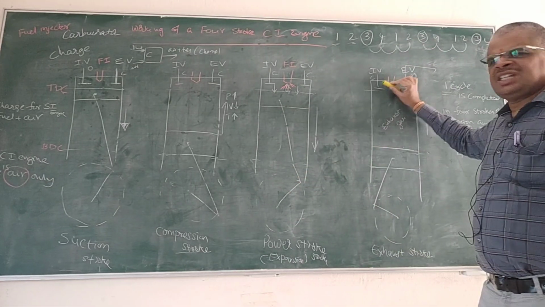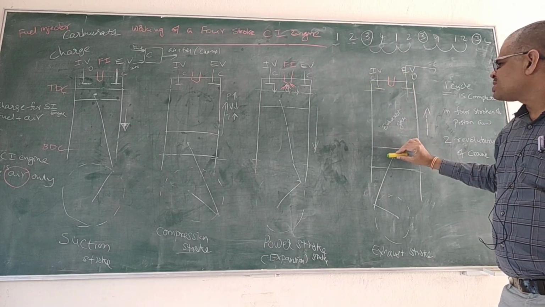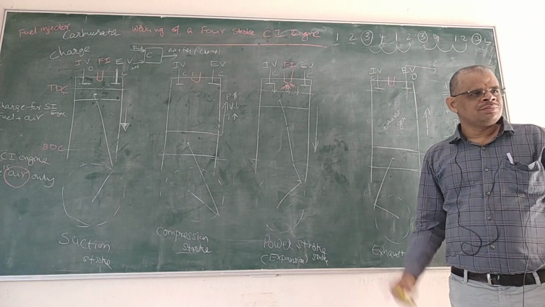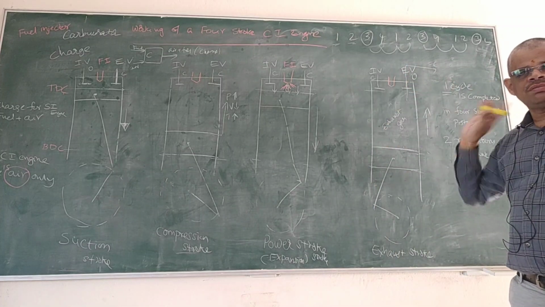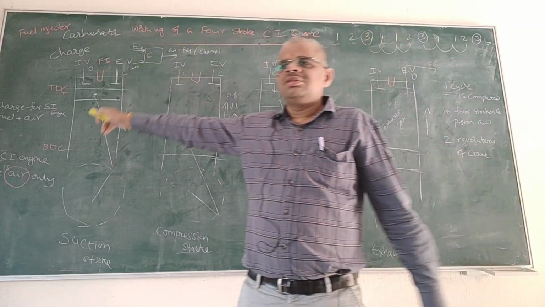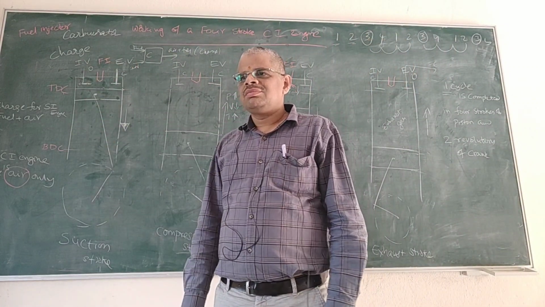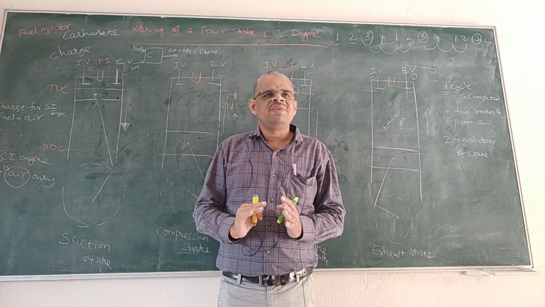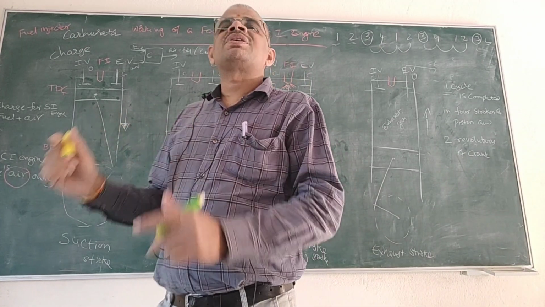And once again, the exhaust valve is opened, the inlet valve is closed. As the piston moves upwards, whatever exhaust gases are formed are sent out. Is it clear? And again the first stroke, so that the cycle is repeated. So this is the basic difference between a spark ignition engine and a compression ignition engine.